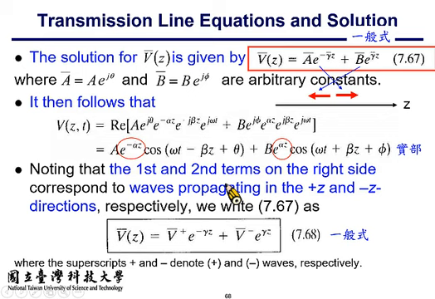And the second one goes to the left. A and B are the description about the magnitude and phase of the two components. So note that A and B are not necessarily real numbers. They are in general complex numbers. So A and B may be different in magnitude and different in phase as well. Alright?